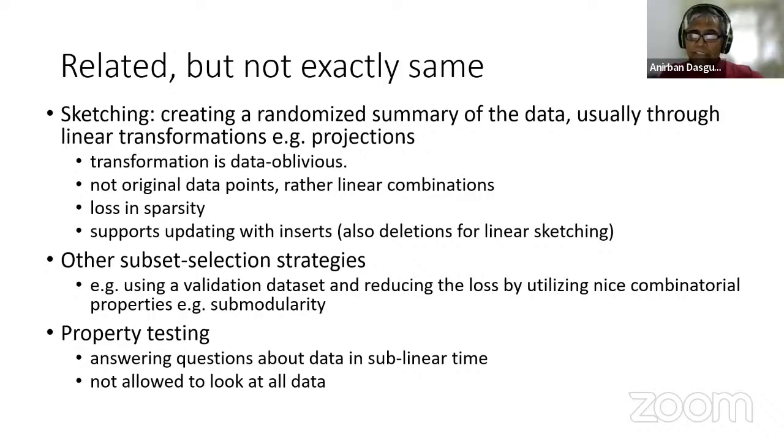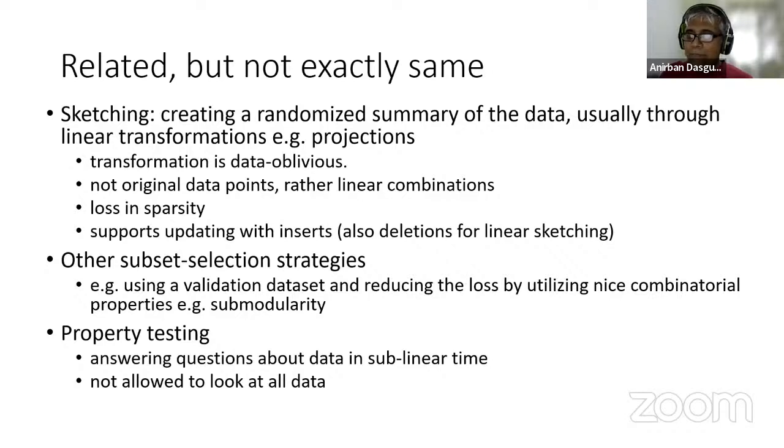There are a bunch of other subset selection strategies, namely ones that use nice combinatorial properties such as submodularity, and that use a validation data set, and thereby say: out of my training data, what is the best subset of my training data that minimizes the loss on my validation data set? These don't come with strong theoretical guarantees like the one that I was showing.